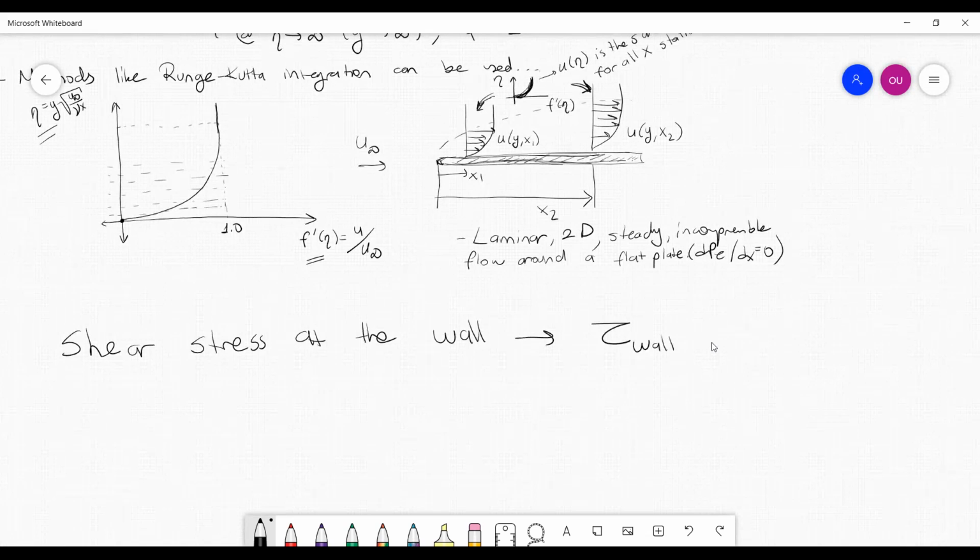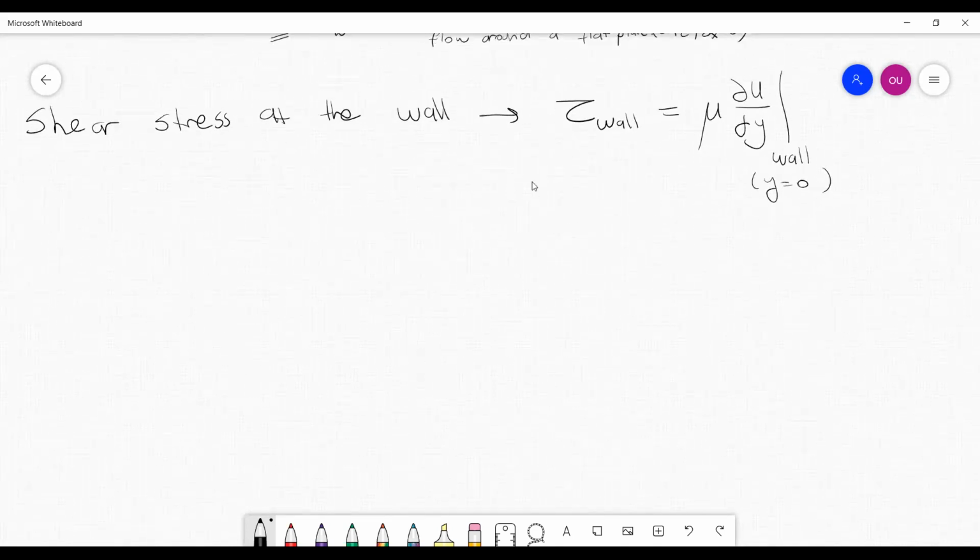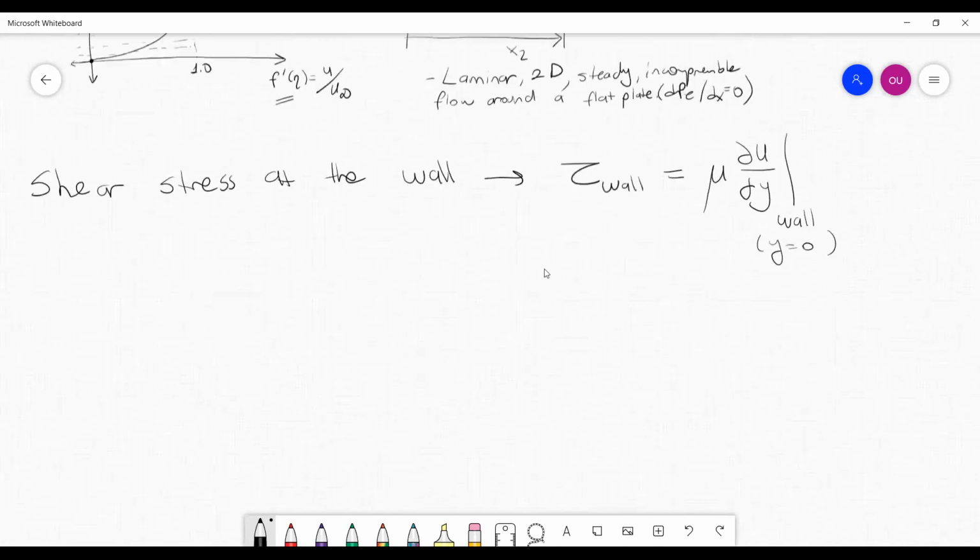Tau wall can be calculated by viscosity times the velocity gradient at the wall, du dy at the wall. Wall meaning y equal to 0. Since we now have the velocity function, we can indeed have an expression for the wall shear stress.